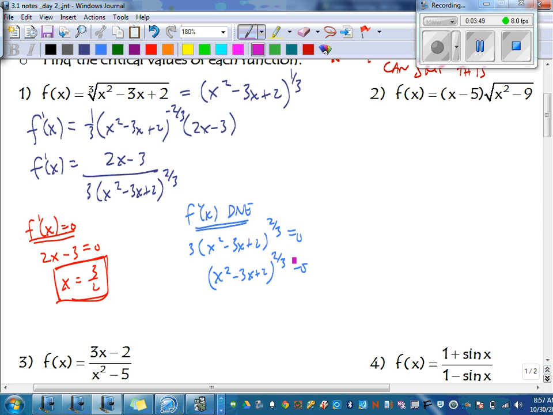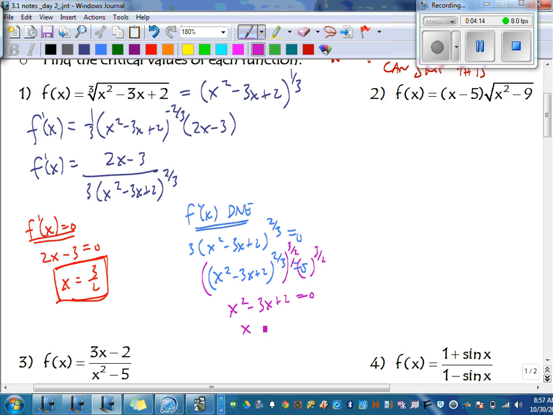Not multiply by 3/2, but you're on the right track. We're going to raise it to the 3/2, right? Technically what we're doing is raising both sides to the 3/2 power, and then these exponents get multiplied, so we end up getting 1 for our exponent. So it's just going to be x squared minus 3x plus 2 equals 0.